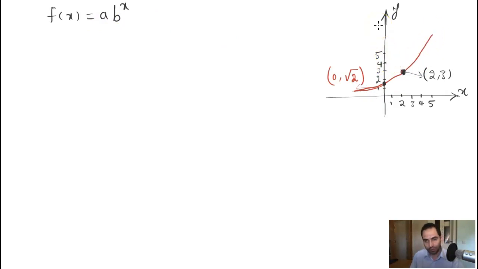Otherwise I could not simply take this general form; I might have to take the general form of some other function and then write the equation for this graph. So with that out of the way, assuming that this is the graph of an exponential function, I can use this general form and write an equation for this graph.